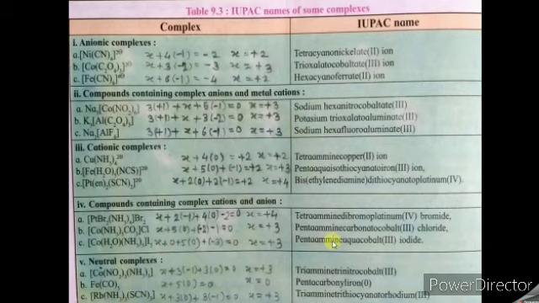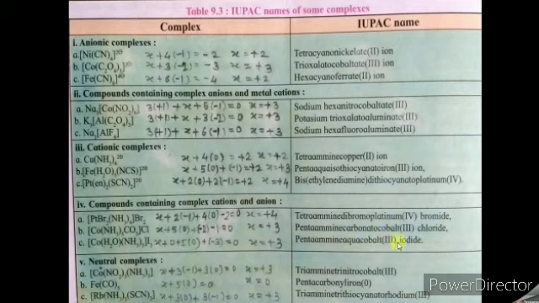So X is equal to plus 3, which is the oxidation state of cobalt, written in round bracket in Roman numerals. So there are 5 ammonia, so pentaammine, 1 water, aqua. So after A, M is in ammine and Q in aqua, so write down ammine first. Aqua, cobalt as it is, write down oxidation state and followed by the word iodide.